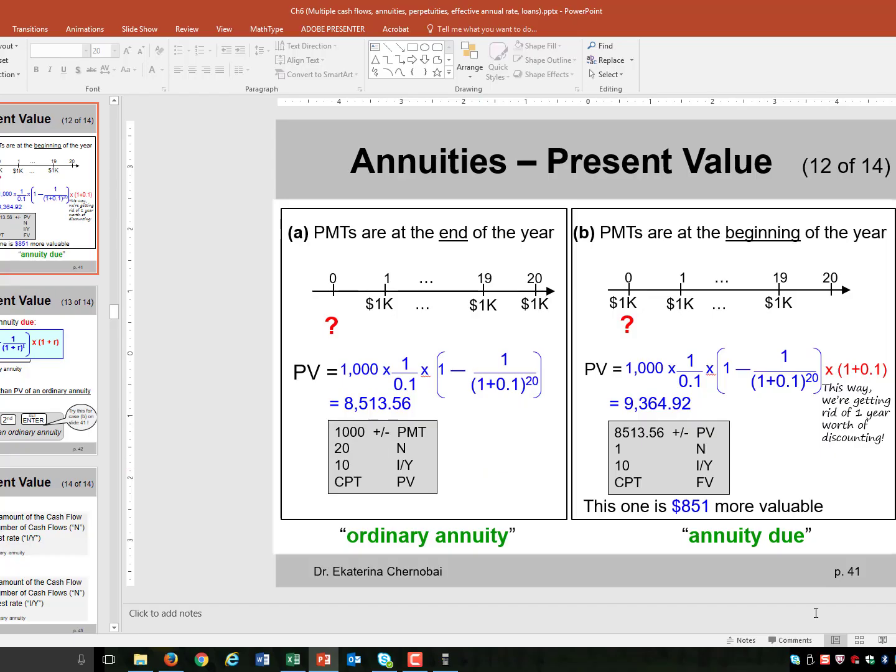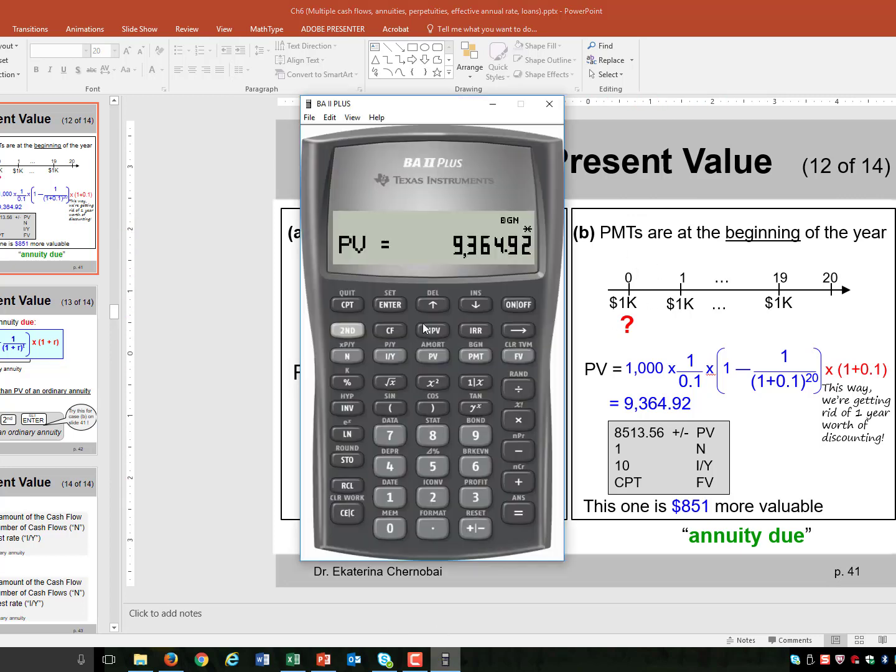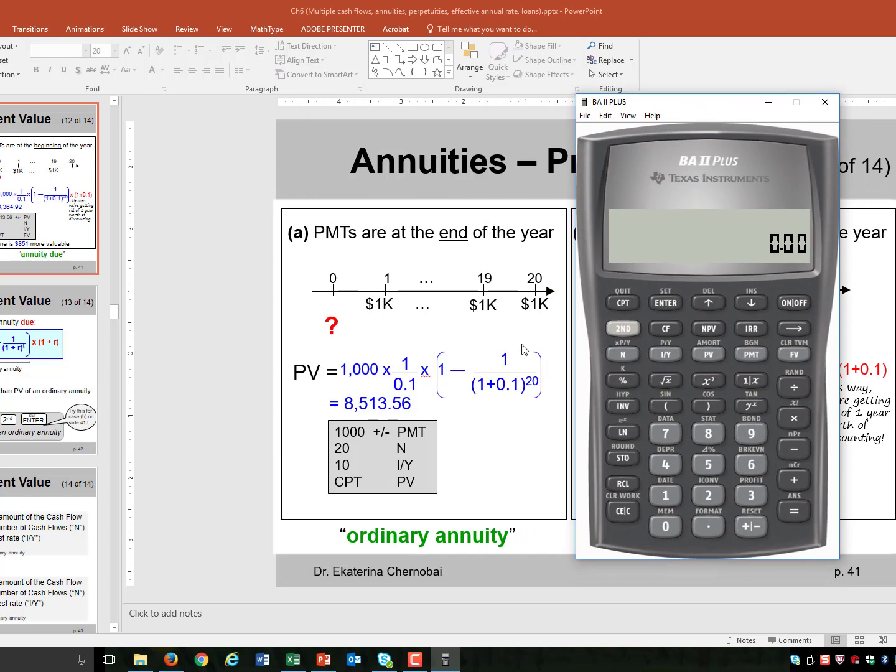Let me show you the cash flow keys using the most recent problem with cases A and B. So let's look at case B, an annuity due. Clear everything, right? Actually, let's start with case A. What's going on in case A? How can you do it using cash flow keys? Cash flow 0 is nothing, so you leave it as is, press enter, down arrow key. Then we have $1,000, right? 1,000, enter, down.